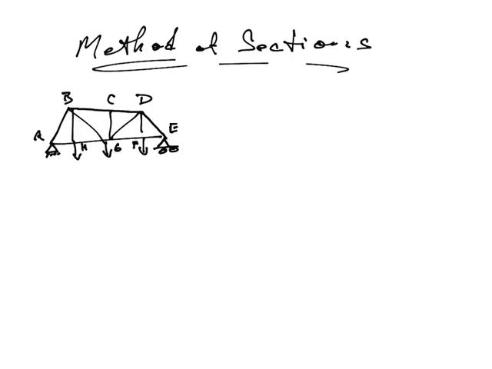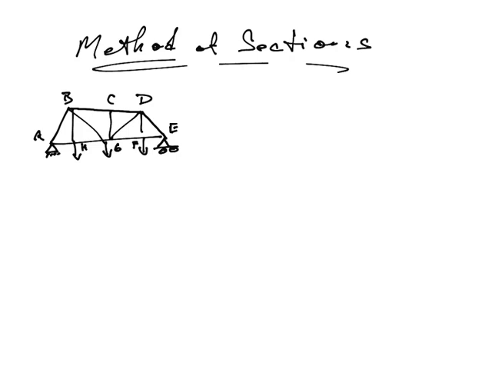This is the statics case, right? We don't want our truss to be moving left to right or up and down. We want it to be static. So at each joint, all of the forces should be in equilibrium. They should be equal to 0.